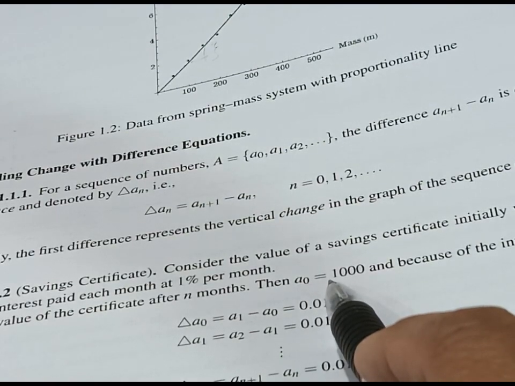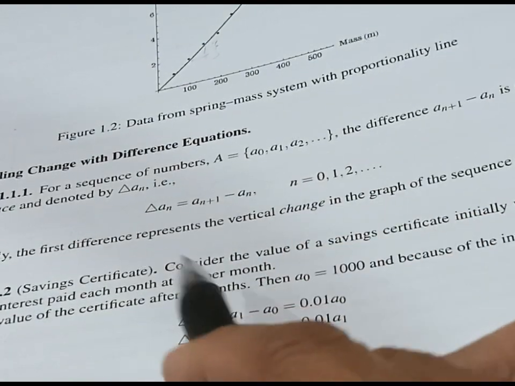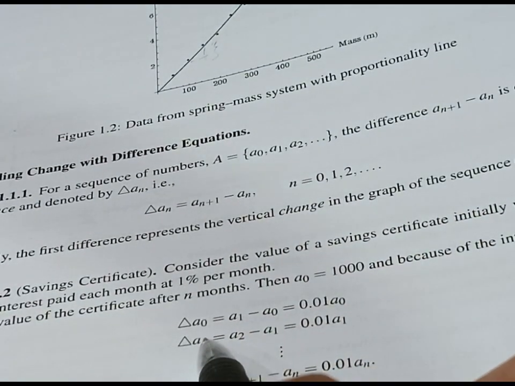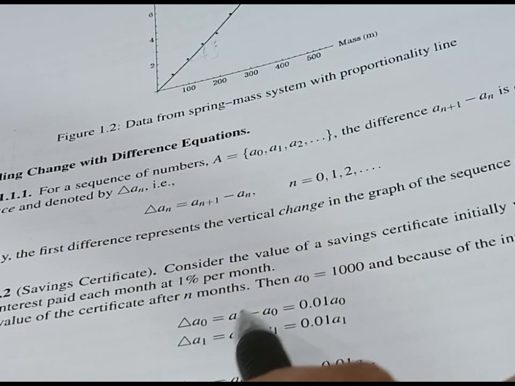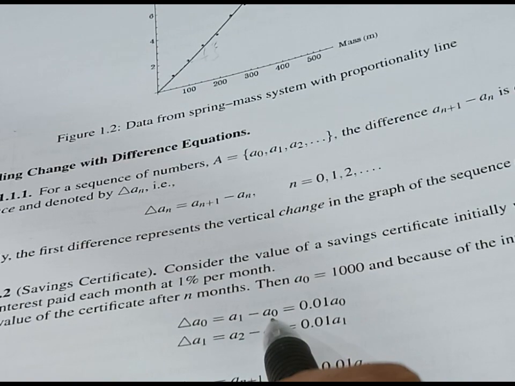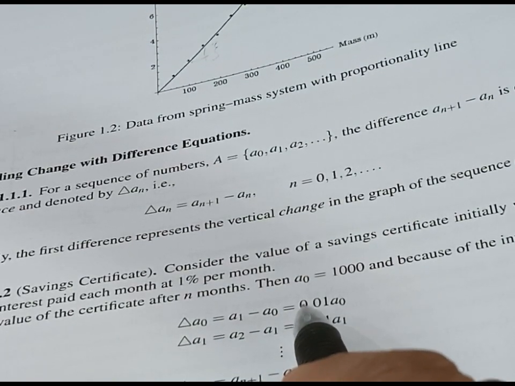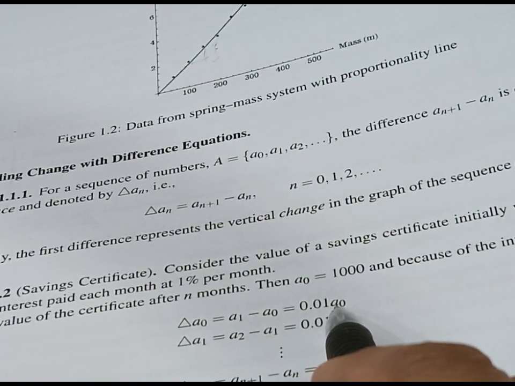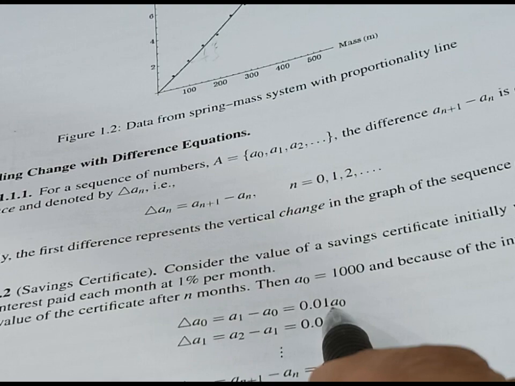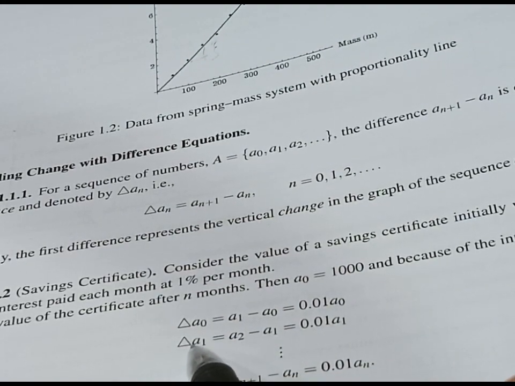A0 given is 1,000. And because the interest given is 1% per month, the change in A0 is the amount at A1 minus the amount at A0. The interest incurred is 1%, so it is incurred on A0, the initial value, which is 1,000. And the rest follows as the following.